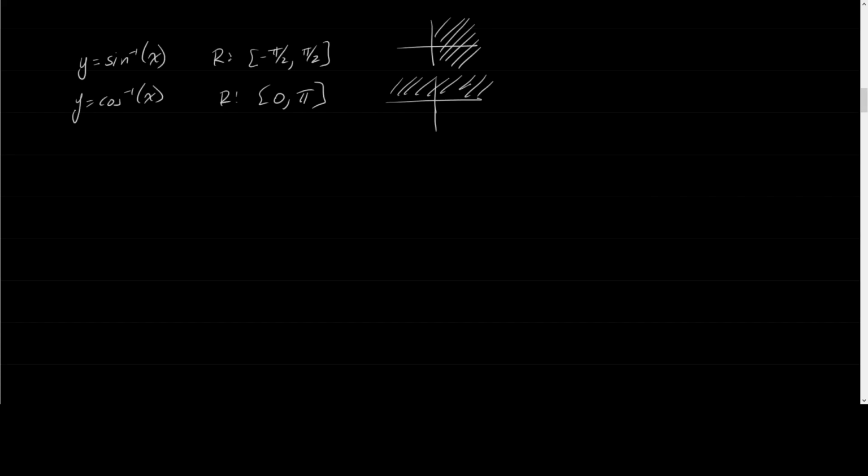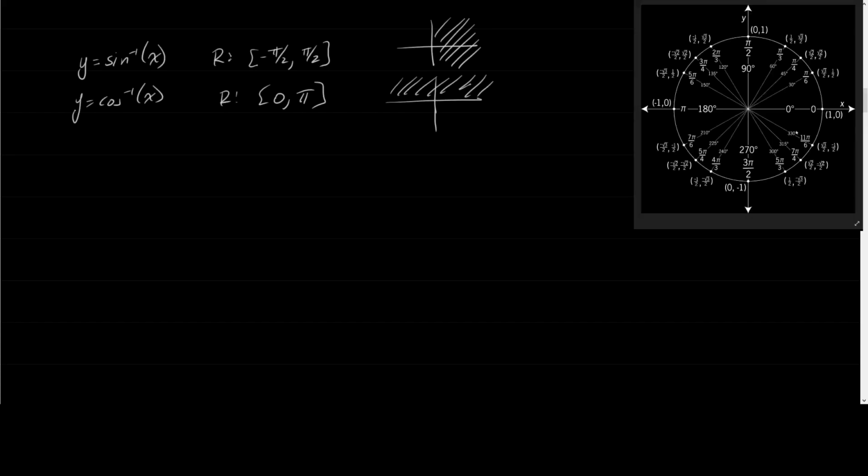All right, this entire half. And similarly, for cosine, because the range of cosine inverse is from 0 to pi, it's going to be entirely on the top half, from 0 all the way up to pi.